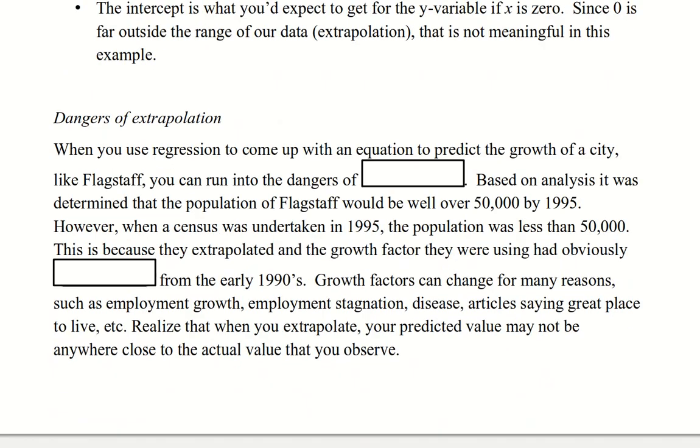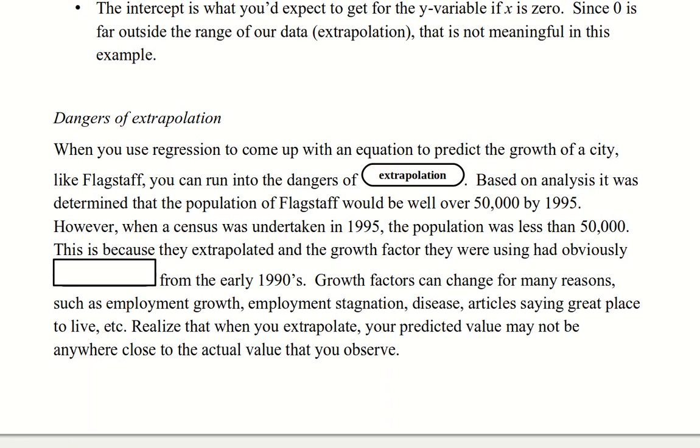Now, here's an example from our book that I think is interesting in itself, because it's referring to what happens when you extrapolate. So, the dangers of extrapolation. When you use linear regression to come up with an equation, we can predict the growth of a city. So, Flagstaff, Arizona ran into these problems. It was using extrapolation to determine what its population would end up at.